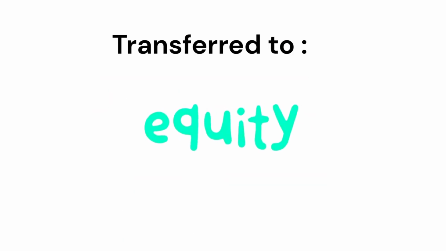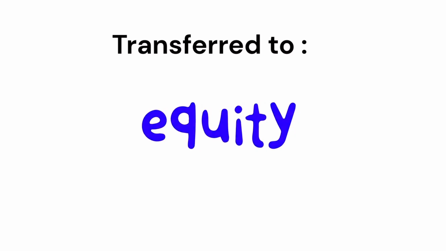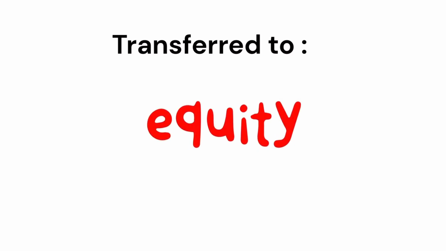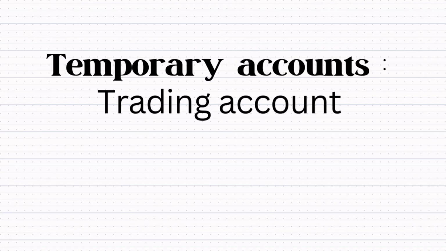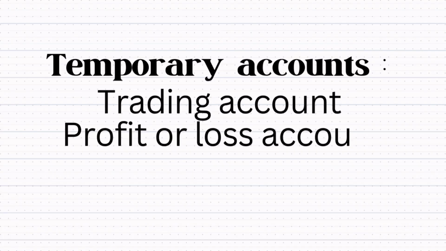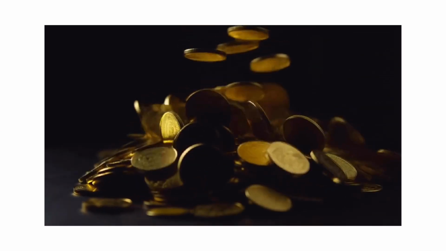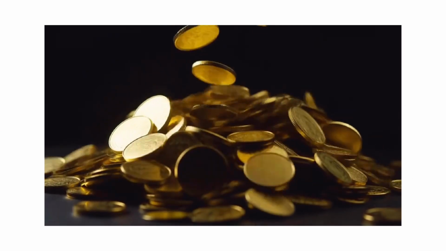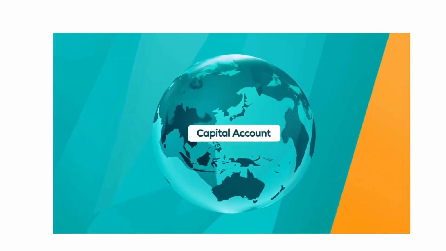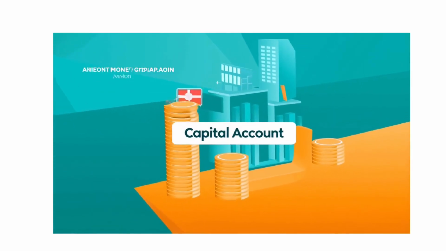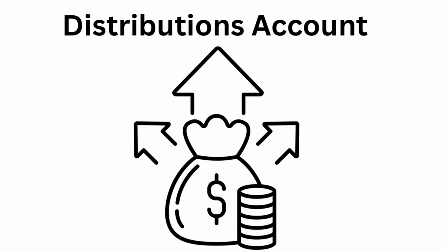The balances on the income and expense accounts are transferred to the owner's equity through temporary accounts known as the trading account and the profit or loss account. These accounts accumulate the income and expenses of the period before transferring the profit or loss to the owner's capital account. The balance on the distributions account is transferred to the owner's capital account.